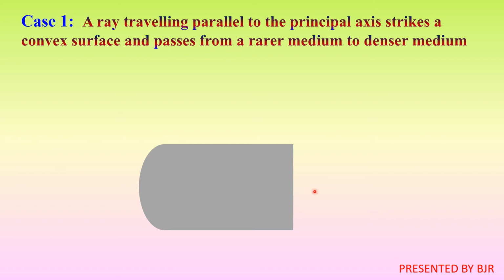Okay, first let us locate the pole and the center of curvature C. What is this medium? This is the denser medium. This part is the rarer medium, that is air.